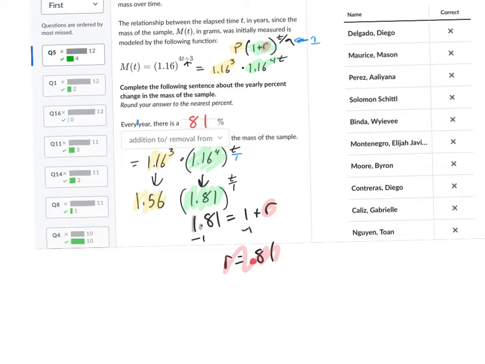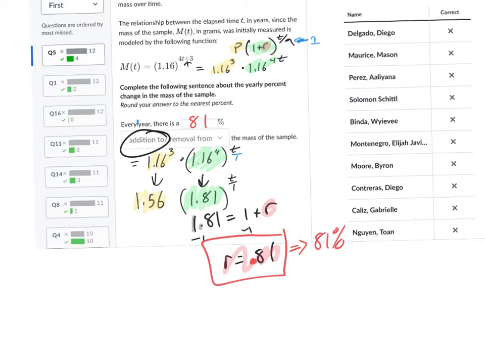When you convert 0.81 to a percentage, it's 81%. And are we adding to or removing from? Well, that's pretty simple because look, our new factor is greater than 1, so that means that we are adding to, okay?